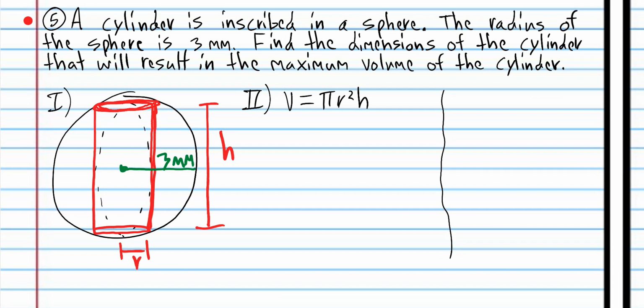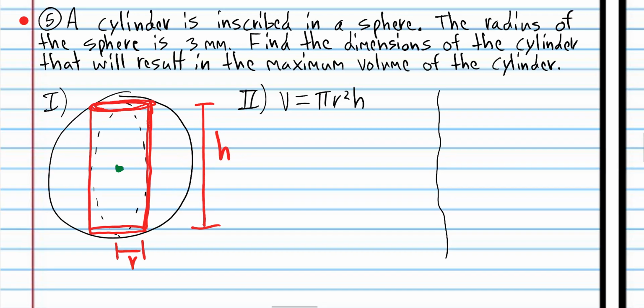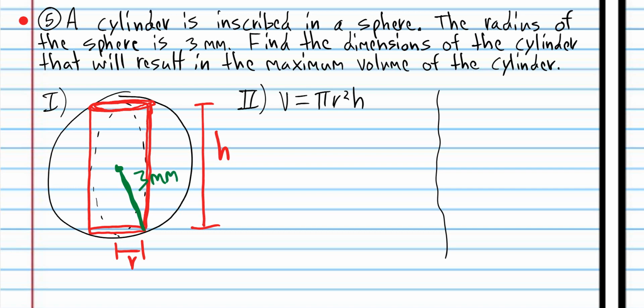So I'm going to erase this green radius, and I'm going to draw the radius in a different way. I'm going to be kind of tricky here. I'm going to draw the radius down to the corner, or down to the side of the base of the cylinder. And so that's still the radius of the sphere, right?